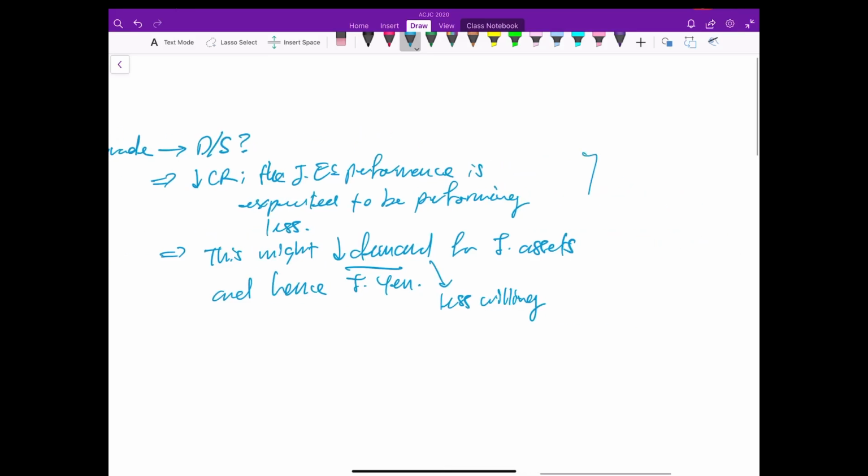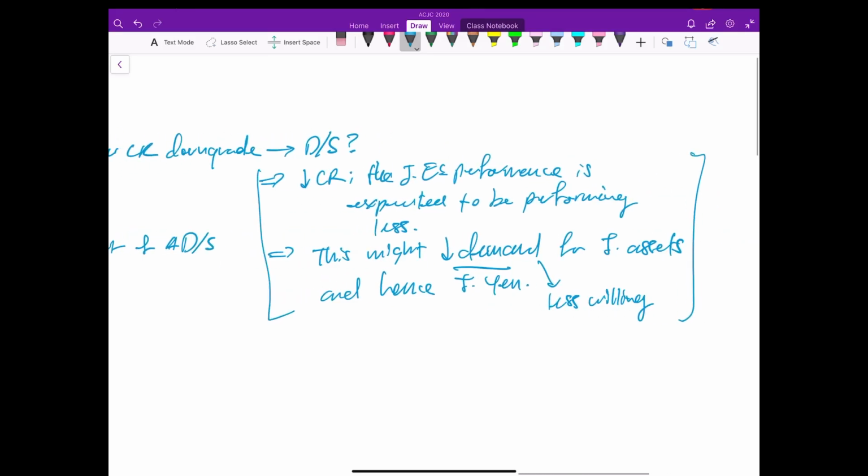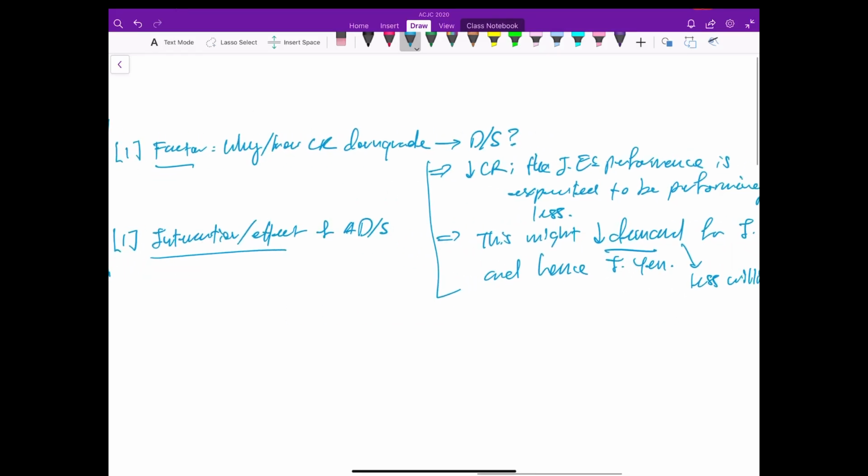Right? So this is really the first mark. Understanding how the issue that you're given, so the issue is credit rating downgrade, affects the demand and supply. So you need to tell me the demand or supply, and you need to tell me how it changes. So shift left or shift right, increase or decrease. And then once you know that, you can go on to explain how that will affect the yen.